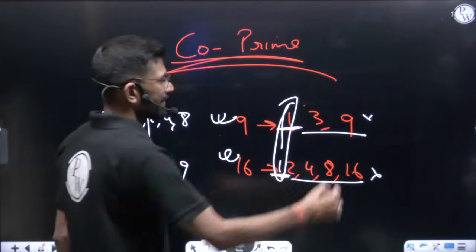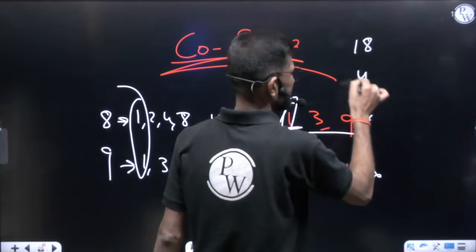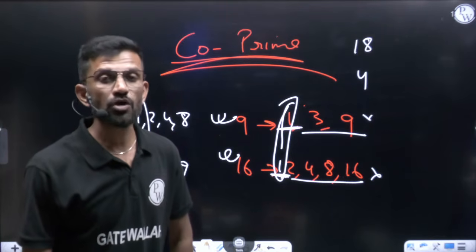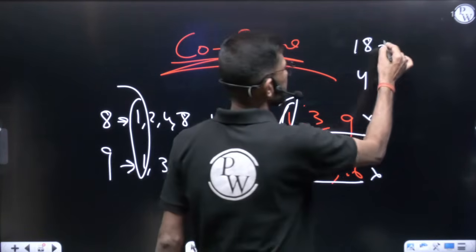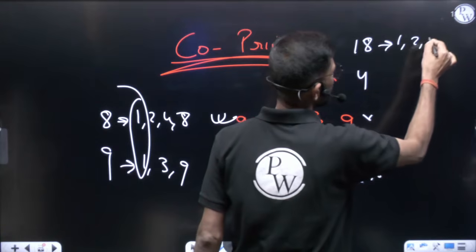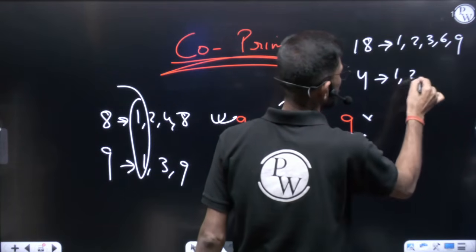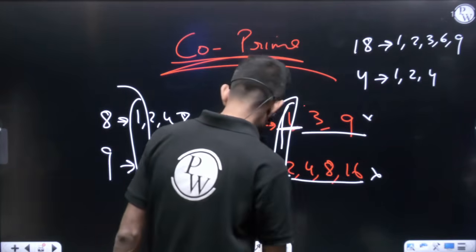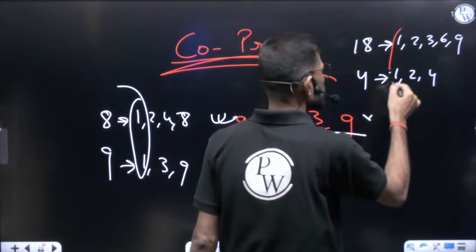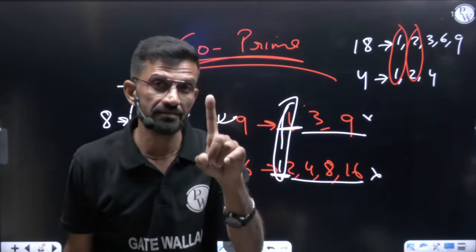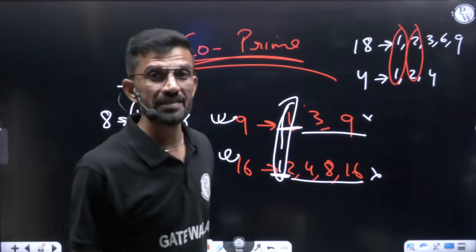Now, 18 and 4, is it a co-prime number? Let me tell you, no. It is not co-prime because 18's factors are 1, 2, 3, 6, 9. 4's factors are 1, 2, 4. Common in them you can find 1 is common, 2 is also common. I said the common factor should be only 1. No other factor should be common, then it will be called co-prime.